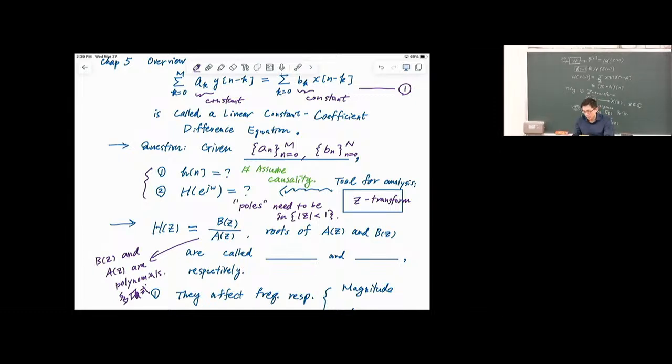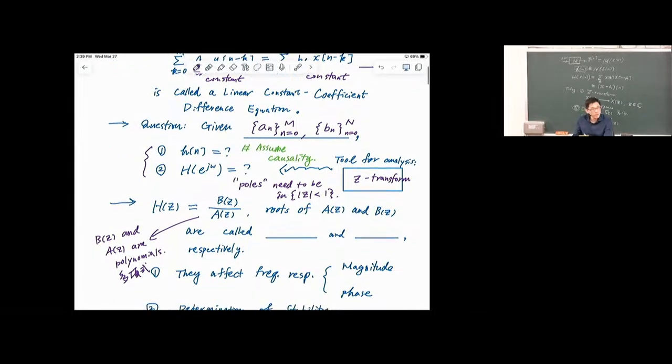Difference equations are nice things because of their system function. This H of z is called a system function, which can be written as B of z divided by A of z. And if they are polynomials, 多项式, B of z and A of z, polynomials must have roots. 根嘛, 根与多项式. So the roots of A of z and B of z actually have nice names.